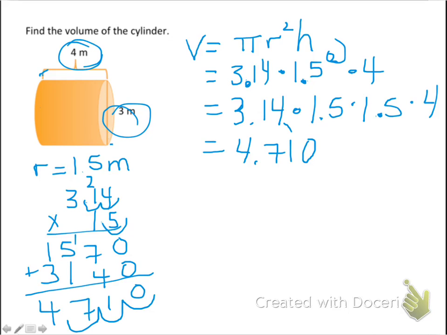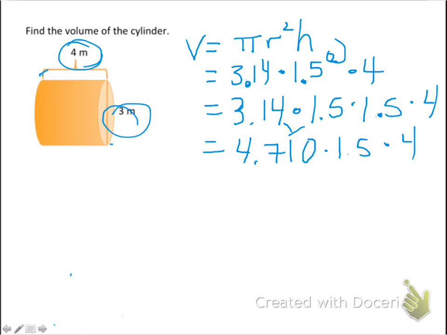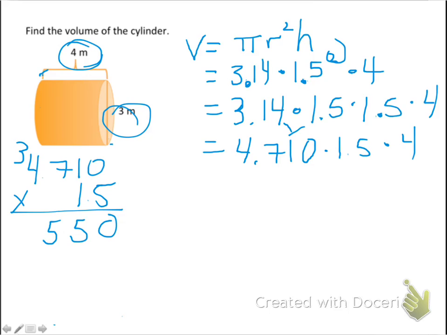Okay, so I've combined these two into this. Now I still have my times 1.5 times 4. My next step is 4.710 times 1.5. I'm going to erase this so that I have space to do my work. 4.710 times 1.5. 5 times 0, 0. 5 times 1, 5. 5 times 7, 35. 5 times 4 is 20, plus 3 is 23.